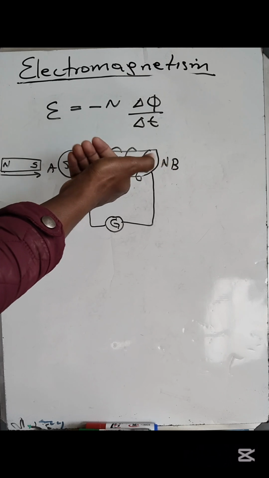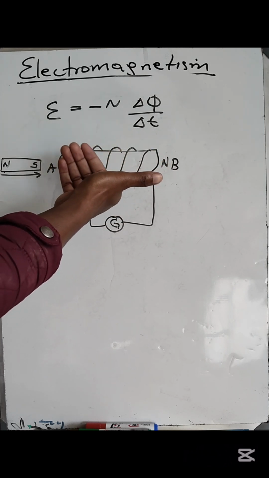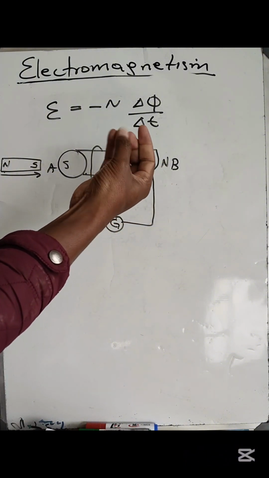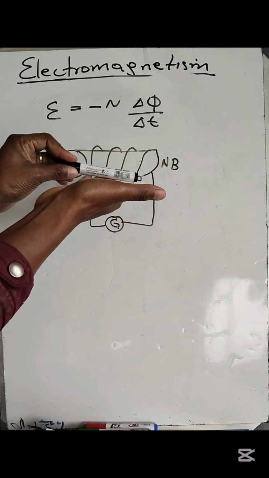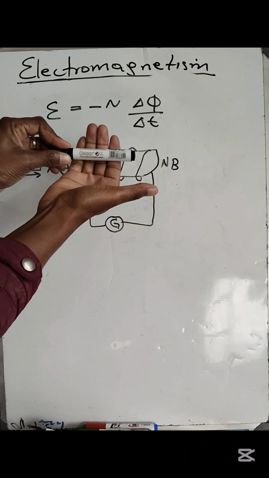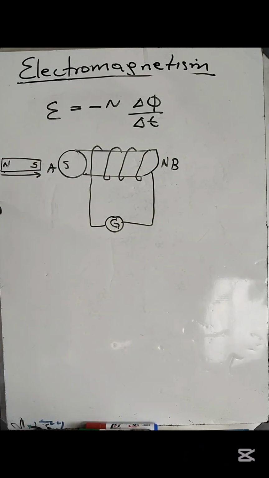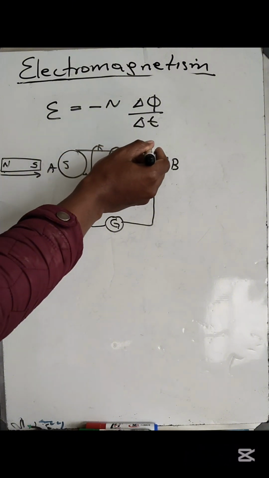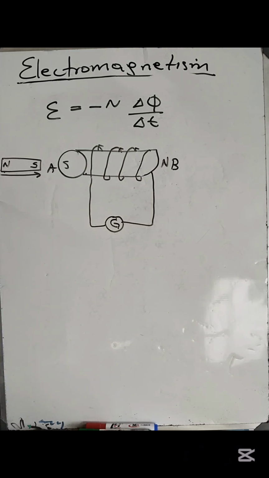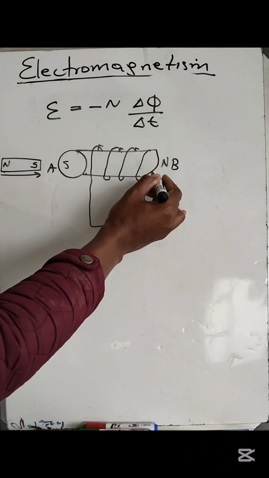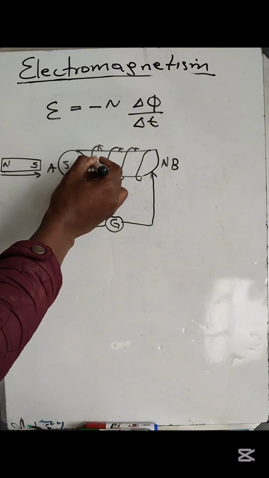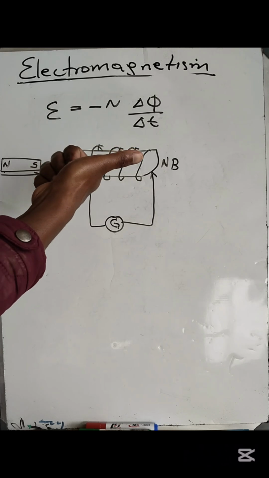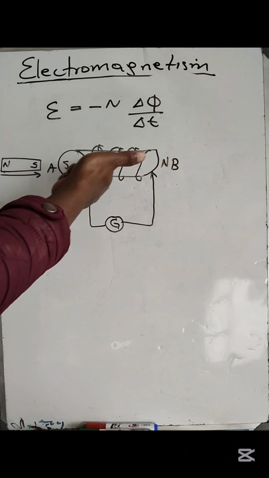Look at how the fingers curl, which means the current must come up on that side, then down here, and so on.